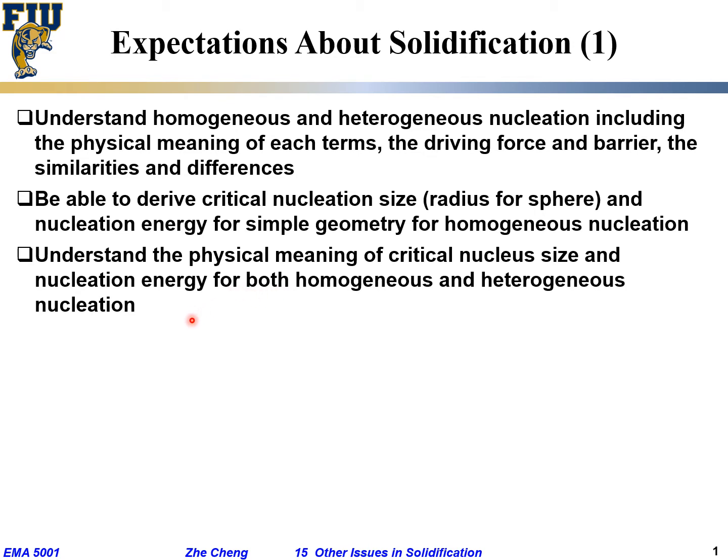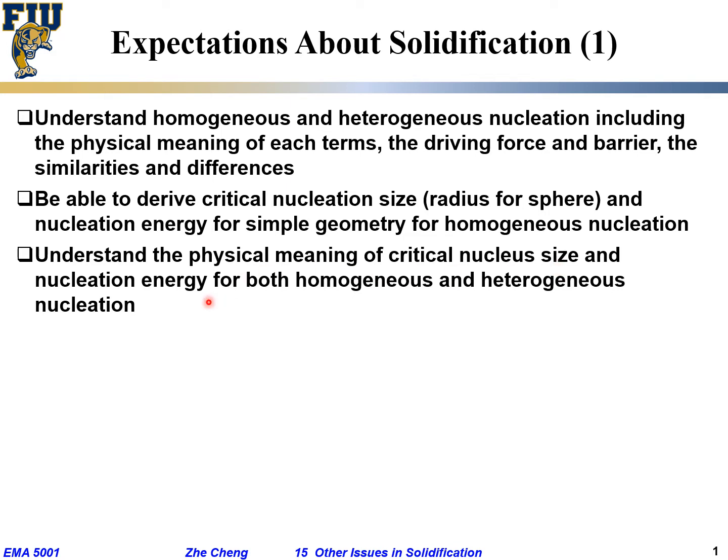The critical nucleus size is the critical size smaller than which, if there's such a cluster, that cluster has a tendency to disappear, to melt back into liquid. If the cluster size is larger than this critical nuclear size, then that cluster has a tendency to grow continuously, and from that point, the free energy change would always be downhill, always spontaneous.